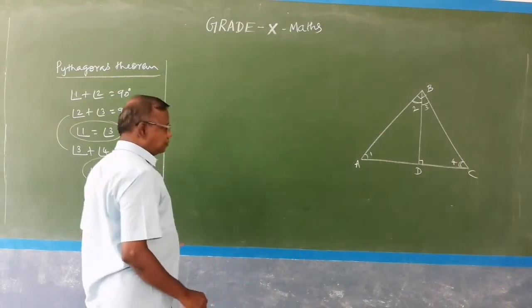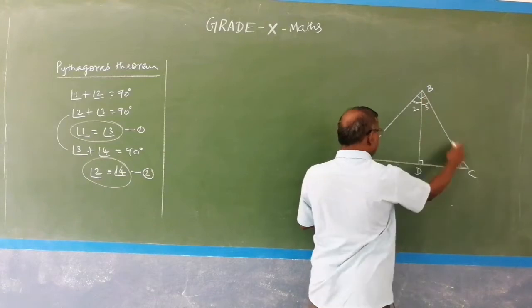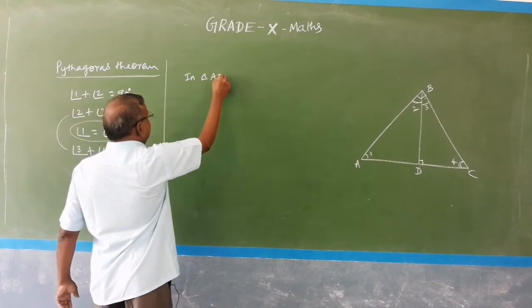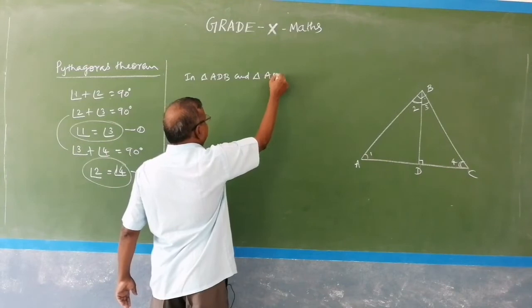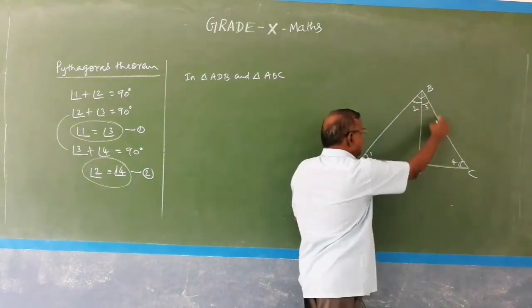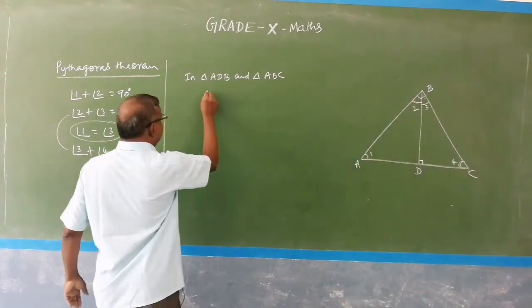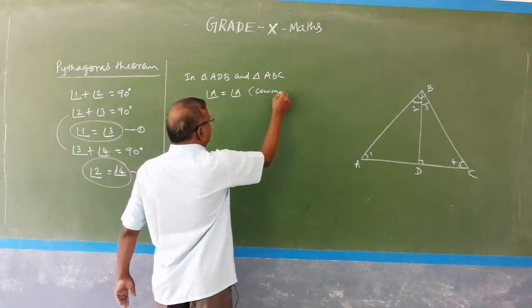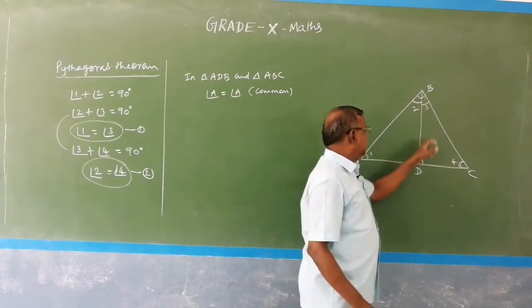Now consider the smaller triangle ADB and triangle ABC. In triangles ADB and ABC, angle A is common, so angle A equals angle A. And angle ADB equals angle ABC, each 90 degrees.